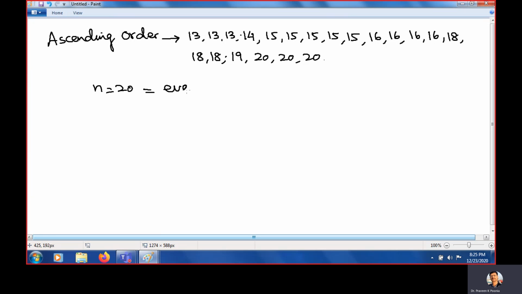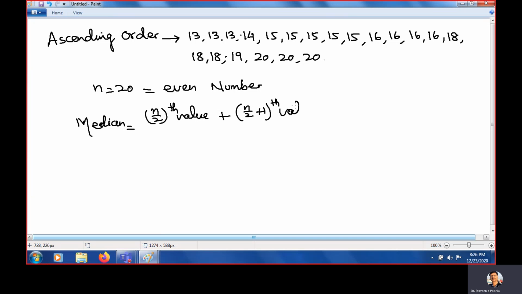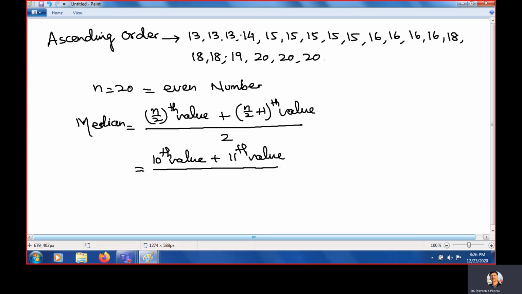And 20 is an even number. Clear? In case of an even number, what is the median? Median is the n upon 2th value plus the n upon 2 plus 1th value, upon 2. And what is n here? 20. 20 upon 2 is the 10th value, plus 20 upon 2 plus 1, the 11th value, upon 2.